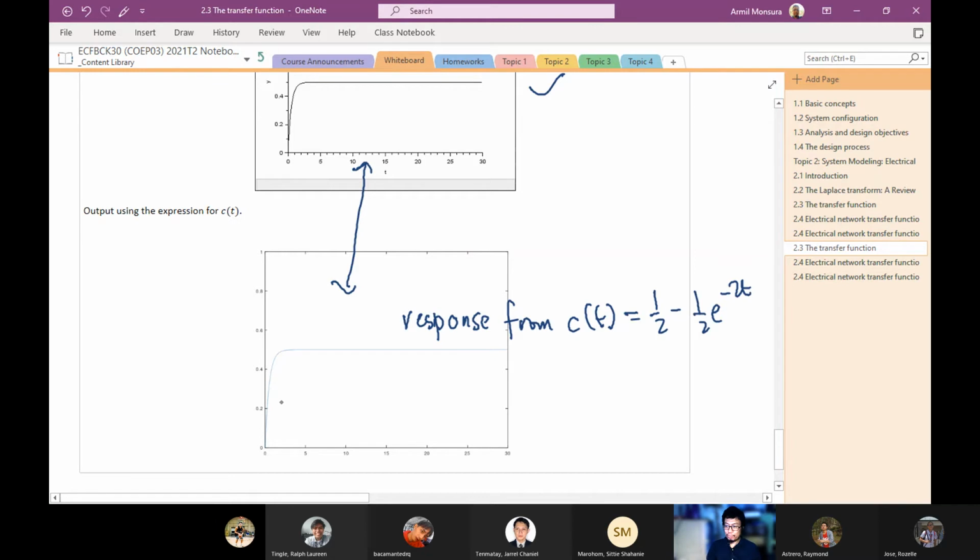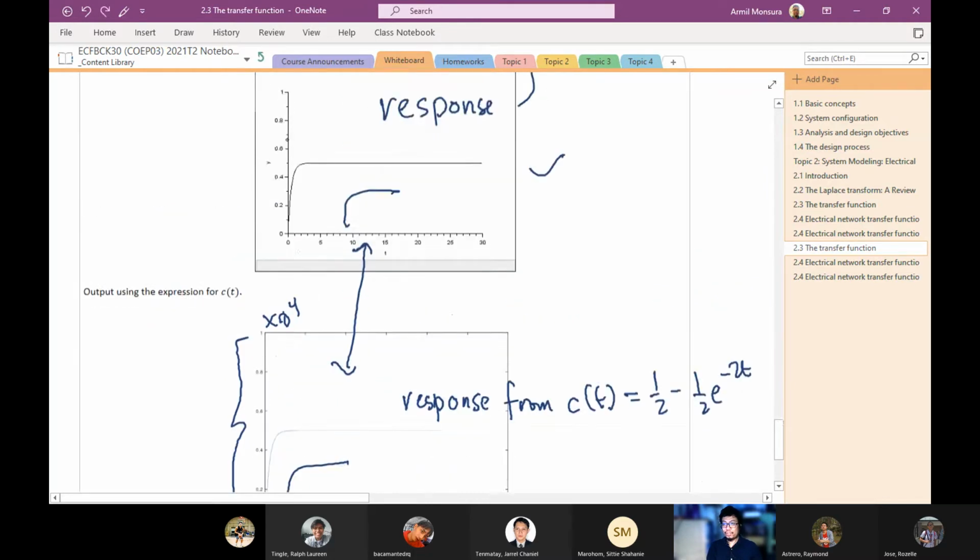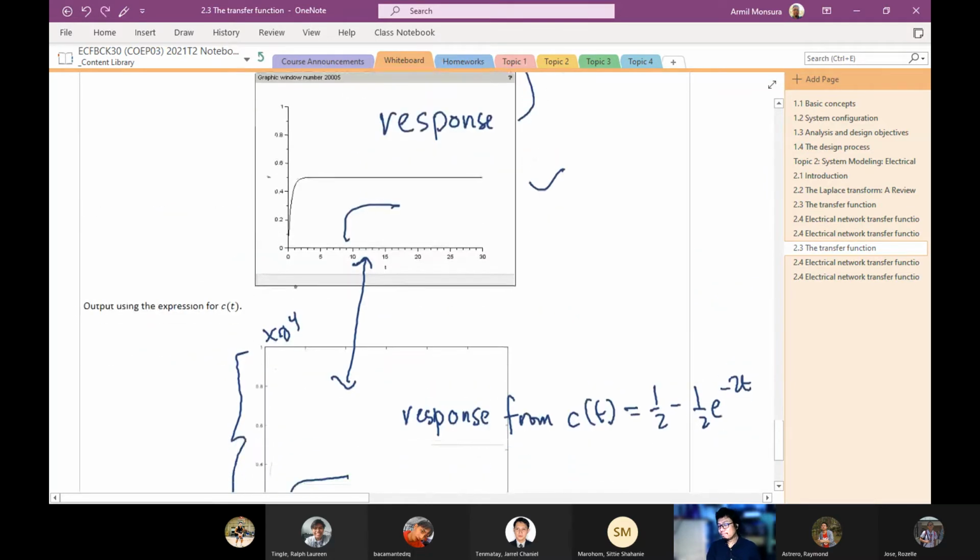Basta makita nila na yung shape ng graph, ganyan, tapos yung shape dito, ganyan, pareho yung shape, the student would suddenly jump to the conclusion that the two graphs are equivalent. Mind you, tignan nyo muna yung axis. Kasi baka mamaya, itong axis nyo, naka-scale pala sa 10 raised to 4. Tapos ito, hindi.